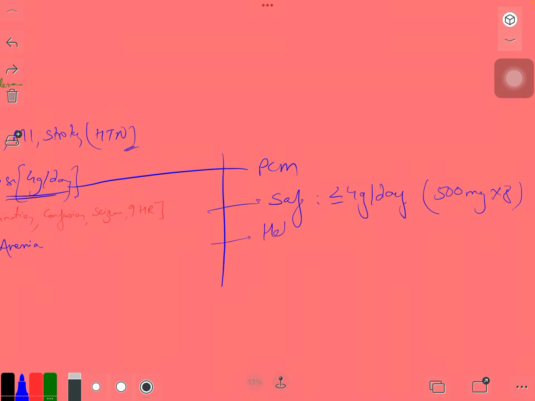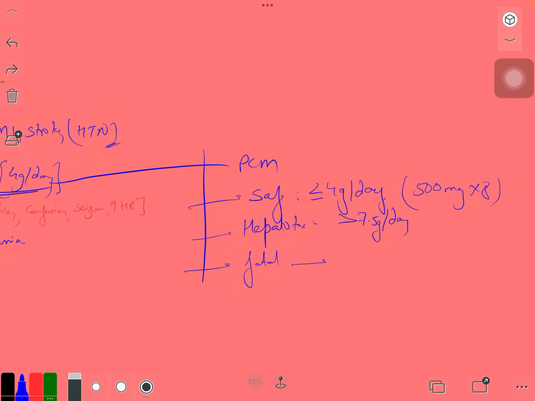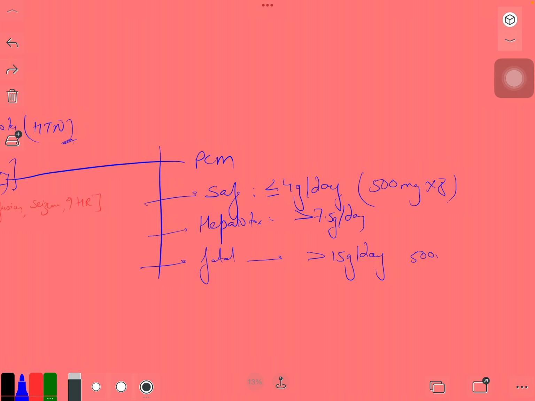After that, it is hepatotoxic. Hepatotoxicity starts in the range of 7.5 gram per day. And lastly, it is fatal if given at like 15 gram per day, so about 500 milligram tablets, 15 tablets all at once.